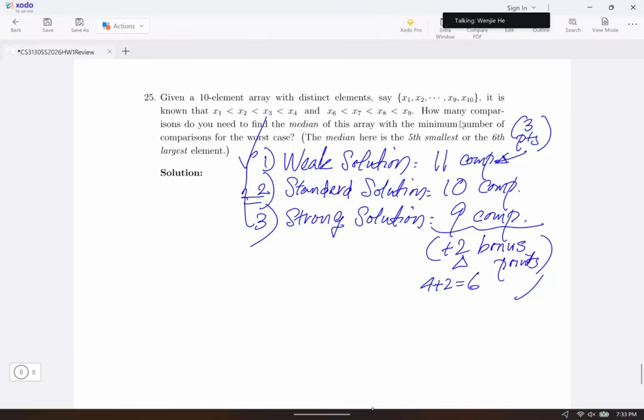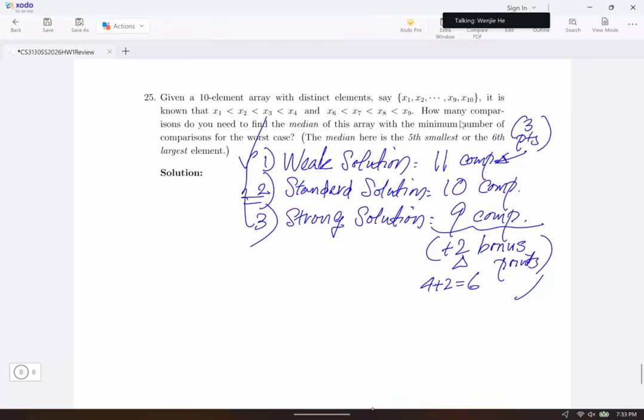Usually, for the weak solution, we do not need to apply very complicated techniques or manipulations. We just apply some ordinary steps, not the fancy steps. Fancy steps, you usually need to use them in the standard solution.